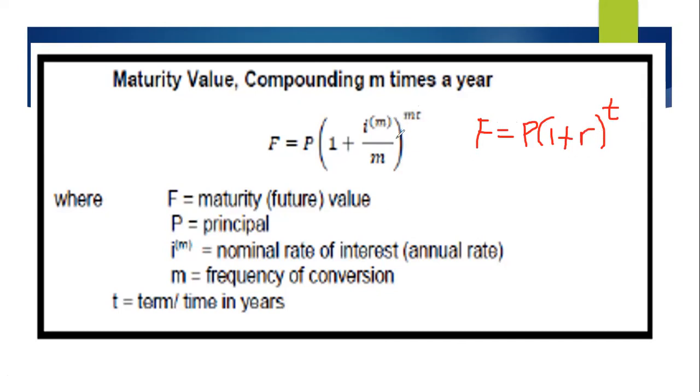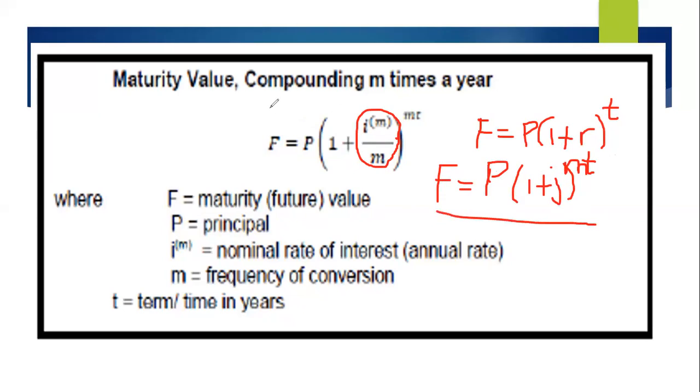So, ito ay yung J, I raised to M over M is yung J natin. So, basically, ang formula talaga is F is equal to P multiply to 1 plus J raised to M times T. Alright. Tatandaan po itong mga formula na ito.